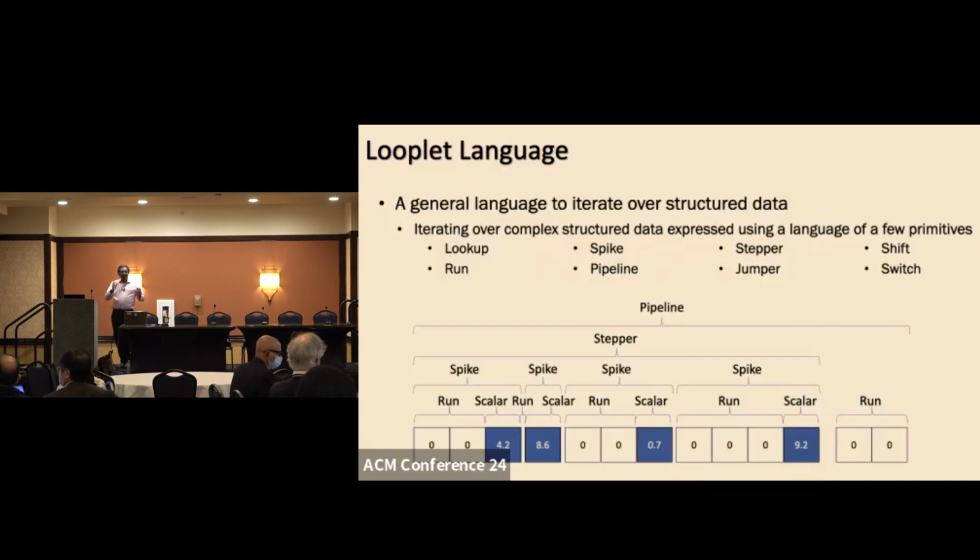And if you do different things, it's a pipeline. So there are certain ways to combine operations. You can have part of an array just doing sparse and part of the array dense. So you can have a spike and a run for a dense one. You can combine these things into building a lot more complicated things.